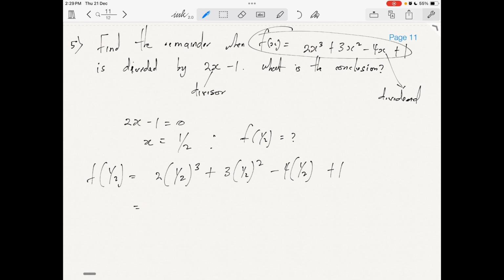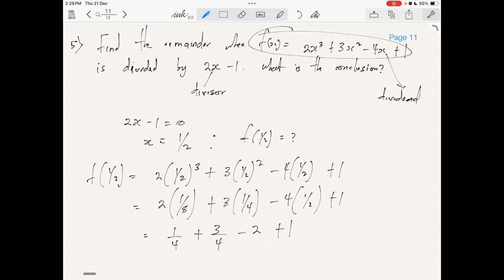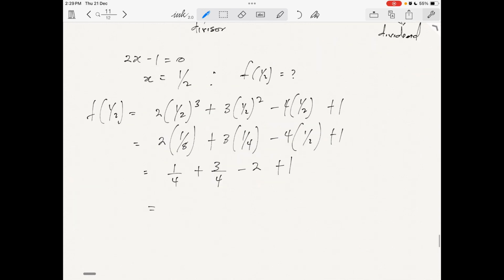This gives me 2 into 1 over 8 plus 3 into 1 over 4 minus 4 into 1 over 2 plus 1, which gives 1 over 4 plus 3 over 4 minus 2 plus 1. 1 over 4 plus 3 over 4 gives 1, so 1 minus 2 plus 1. All these give us 0.